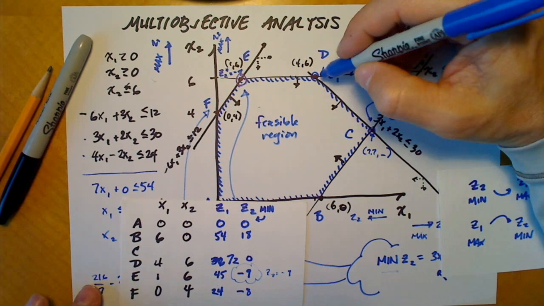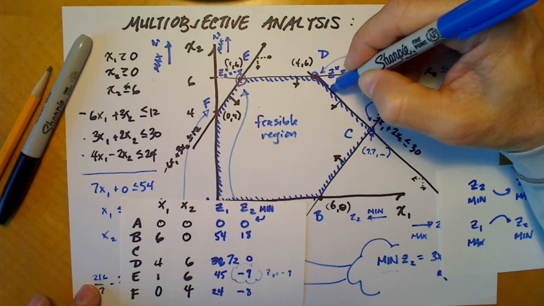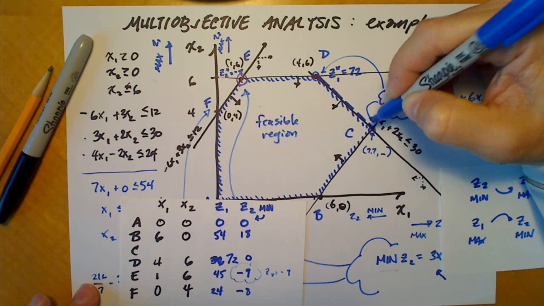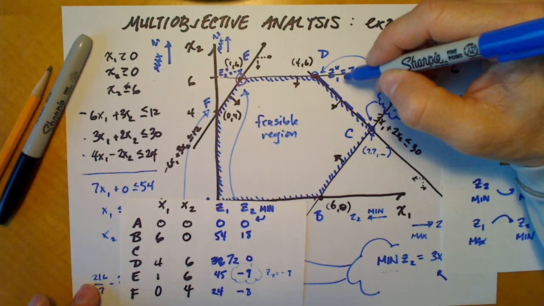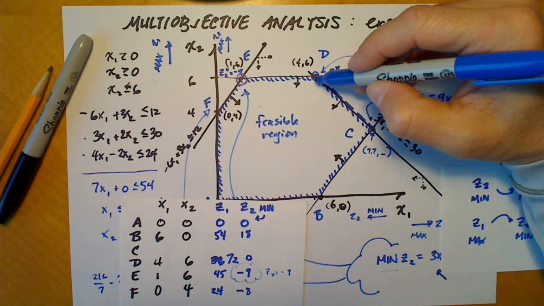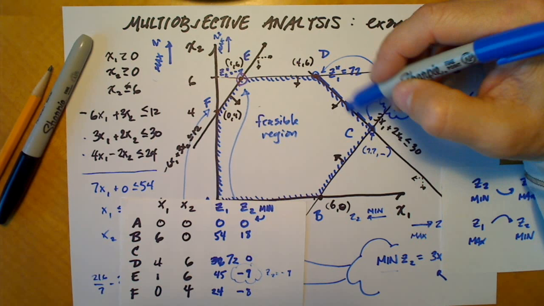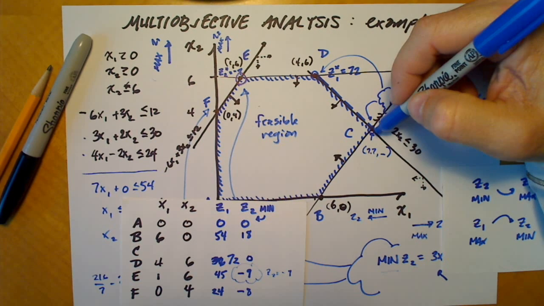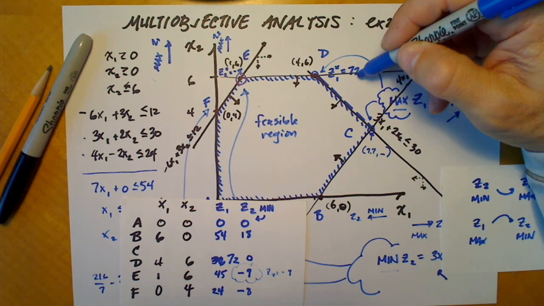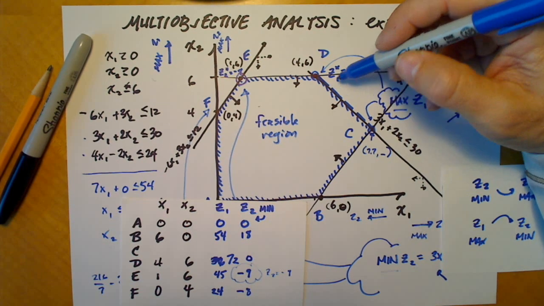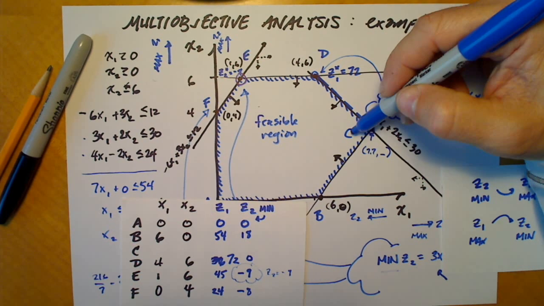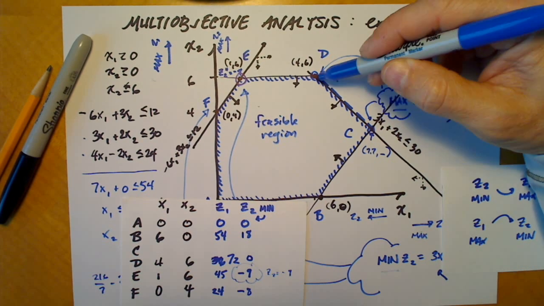What that tells me is that along this constraint, we have an objective isoquant of Z star equals 72. D and C are indifferent. That is, they're equivalent in Z1. There's no difference in the value between Z, and you've got to prove this for yourself for C. Solve it all out and let me know.